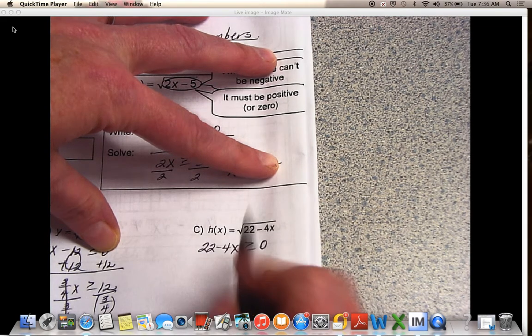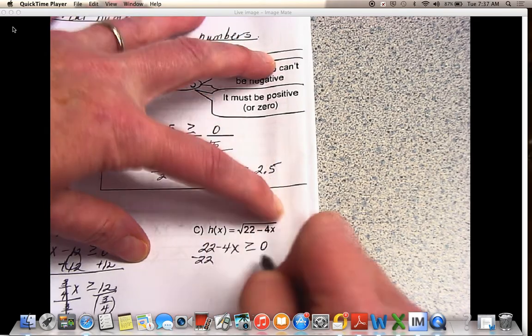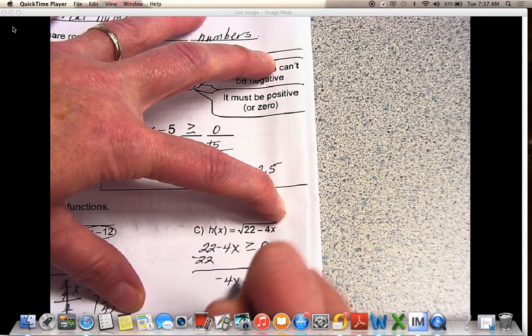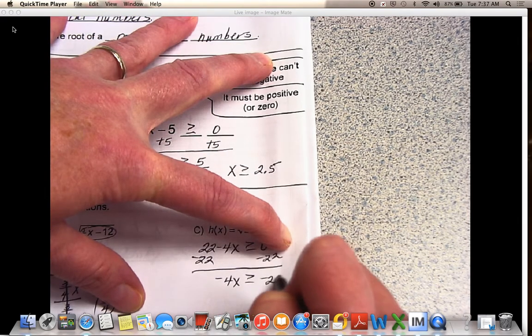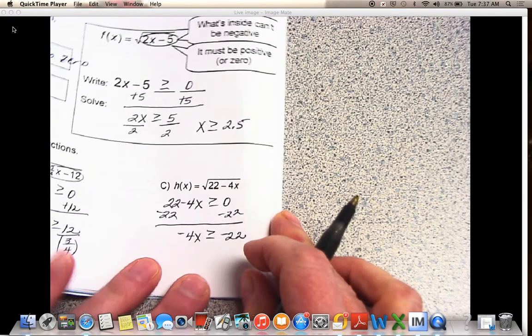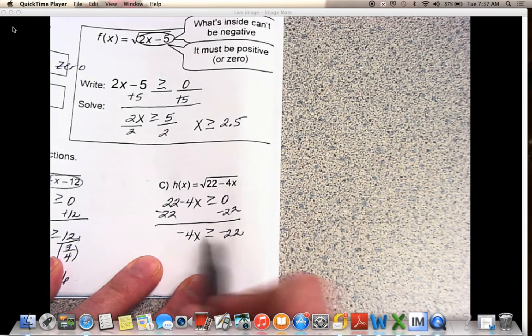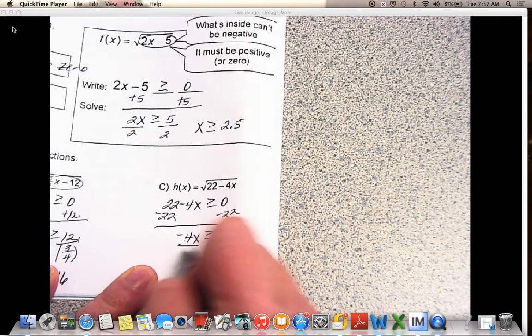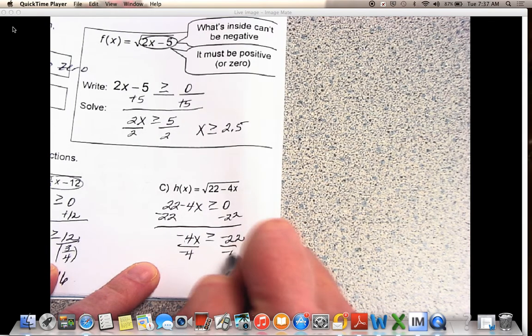We're going to solve for x, we're going to subtract 22. That's going to give me negative 4x greater than or equal to negative 22. The last thing we're going to do is divide by negative 4. But you've got to be careful right here with inequalities. Remember, when you divide or multiply by a negative number, it's going to flip that inequality symbol.